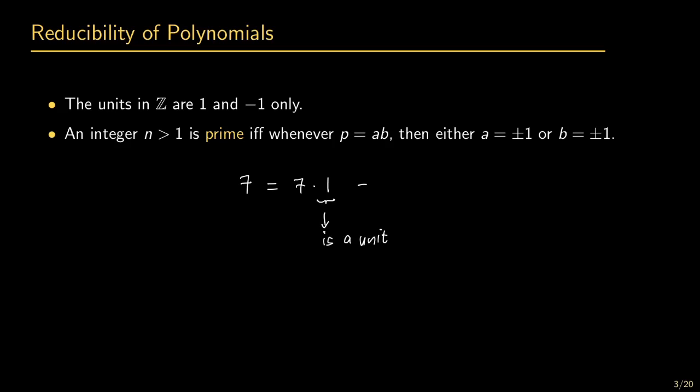Or I could even factor this, if we consider the negative integers, as -7 times -1. This is why an integer p greater than 1 is prime if and only if, whenever we factor p as a times b, one of the factors a and/or b is plus or minus 1. In other words, one of the factors must be a unit.